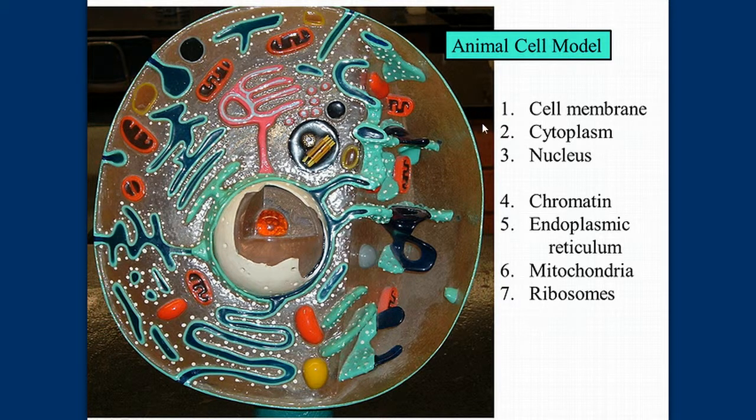So if you have a high concentration of molecules outside of this cell, and that molecule is able to move through this cell membrane, then the membrane will have pores that allow those molecules to move into the cell.